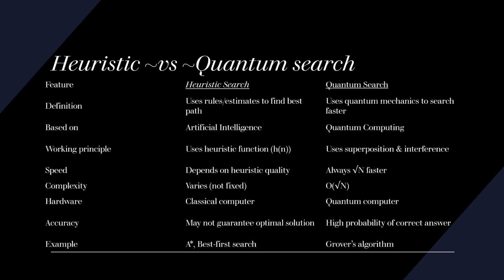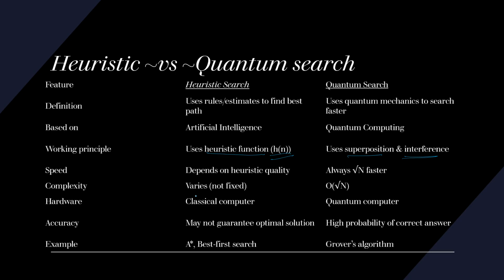Heuristic search is based on artificial intelligence, whereas quantum search is based on quantum computing concepts. The working principle of heuristic search is the heuristic function, that is h(n), whereas for quantum search it is quantum superposition and interference.